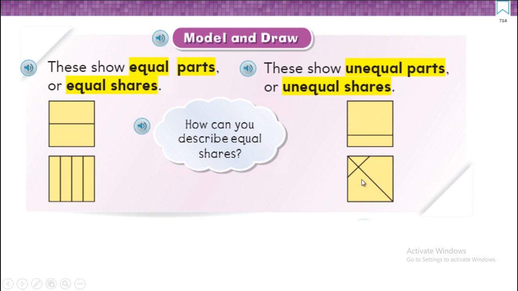And this square here is divided into 4 triangles. And this square here is divided into 4 parts, but they are of course unequal. How can you describe equal shares? Equal shares, they are the same sizes.